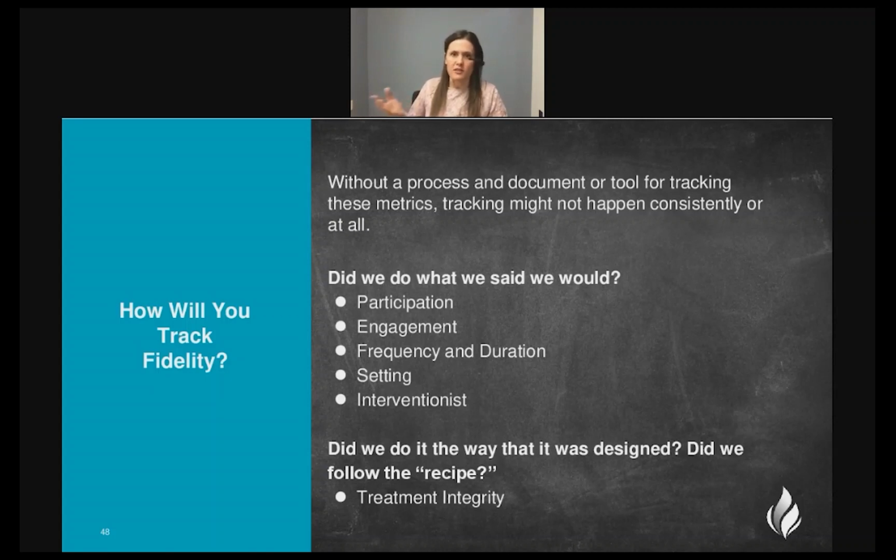Where are we implementing the intervention within the school setting? And also thinking about who is the actual interventionist. So identifying all of those things and tracking them is really important when we get to that point of evaluating progress monitoring information. And then the last question is, did we do it the way that it was designed?